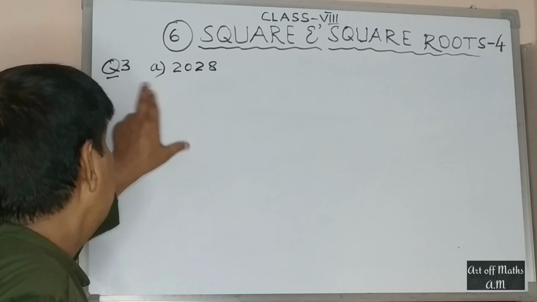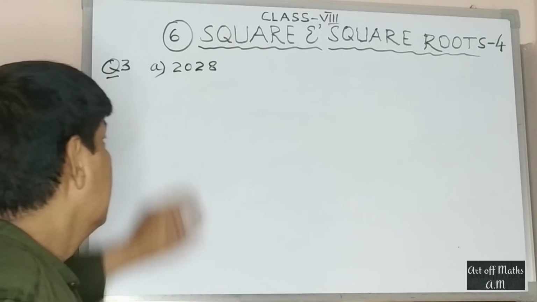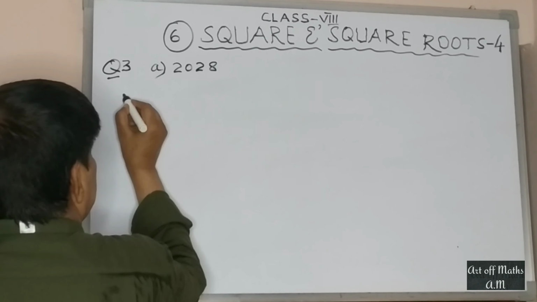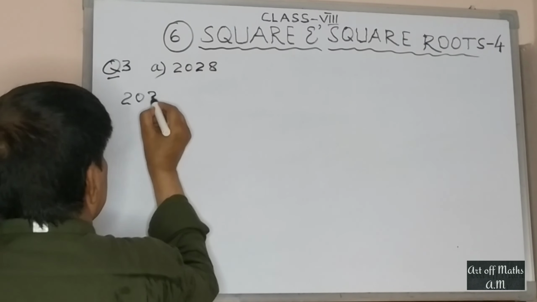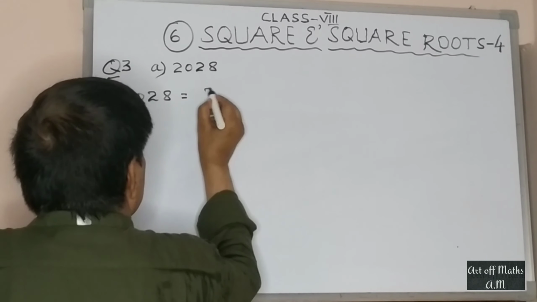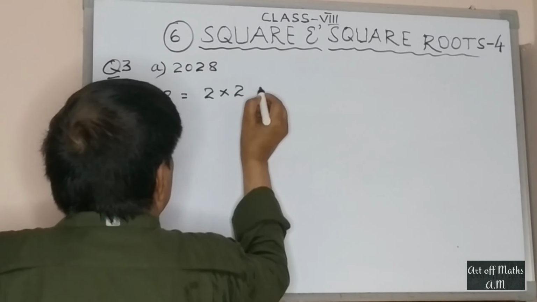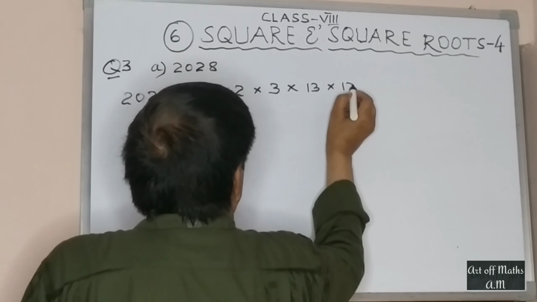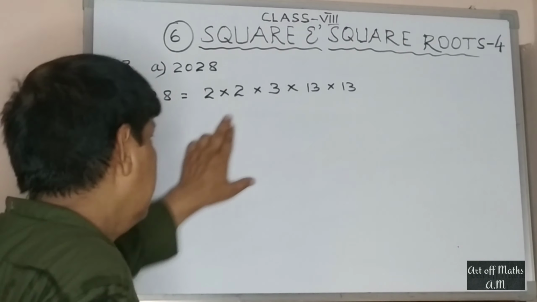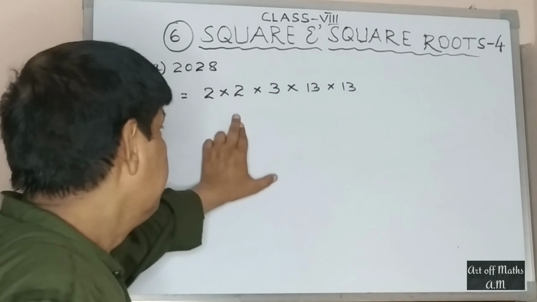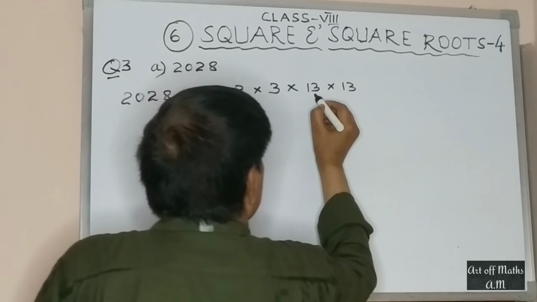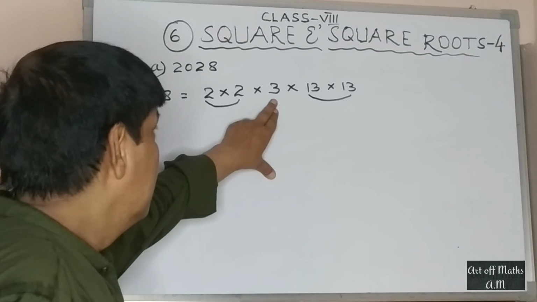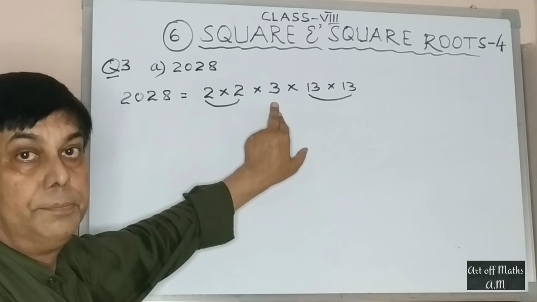The first part of question number 3. Here in this case we will do by this method. 2028 can be written as 2 into 3 into 13 into 13. These are the factors, and these factors must be prime numbers. Now here it is one pair, the second pair. 3 is single, not in pair.